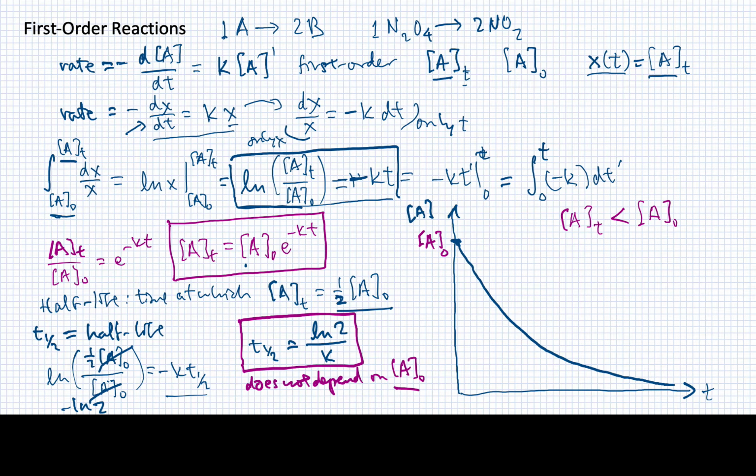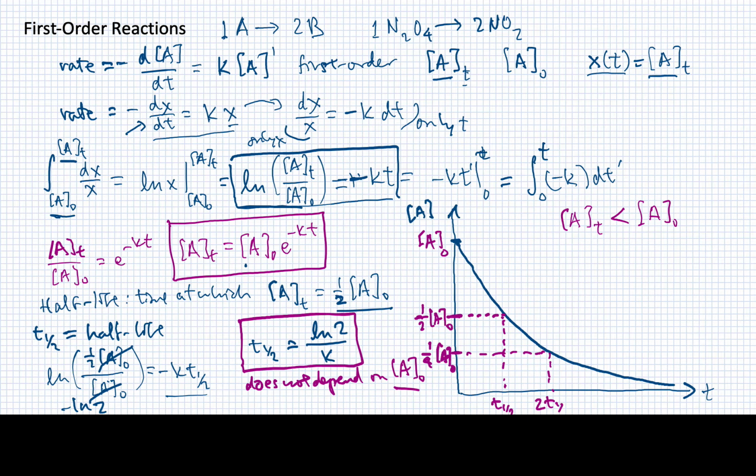If I come down here to 1/2, so this is 1/2 of our initial concentration, and I draw a line over here, this tells me what that half-life is. So this is t sub 1/2. If I come down to another 1/2, so this is 1/4, I'll have a second half-life.